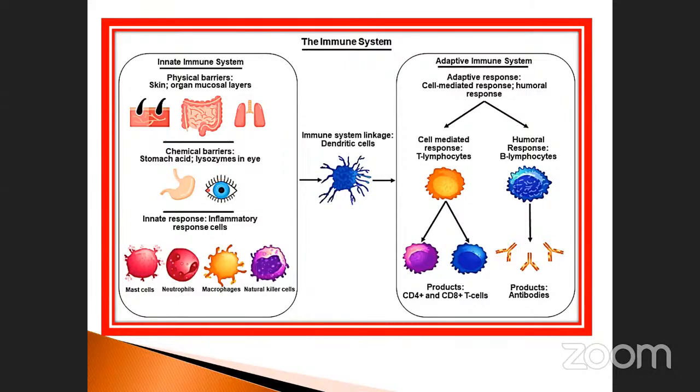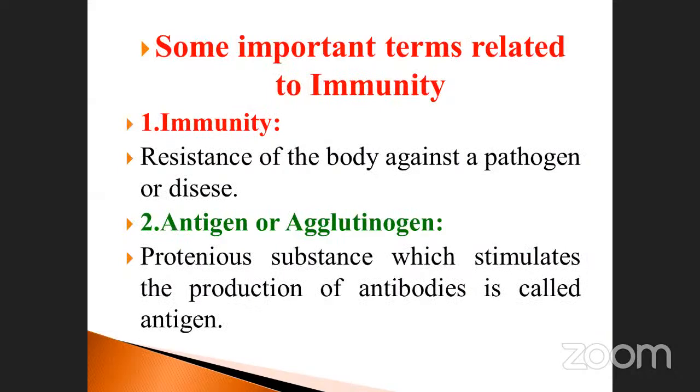Some important terms related to immunity. When you go deeper, we have to know some technical terms, then only it can be easily understood. The first one is called immunity. What is immunity? Resistance of the body against a pathogen or disease is called immunity. Each and everybody has resistance, and that condition is called immunity.